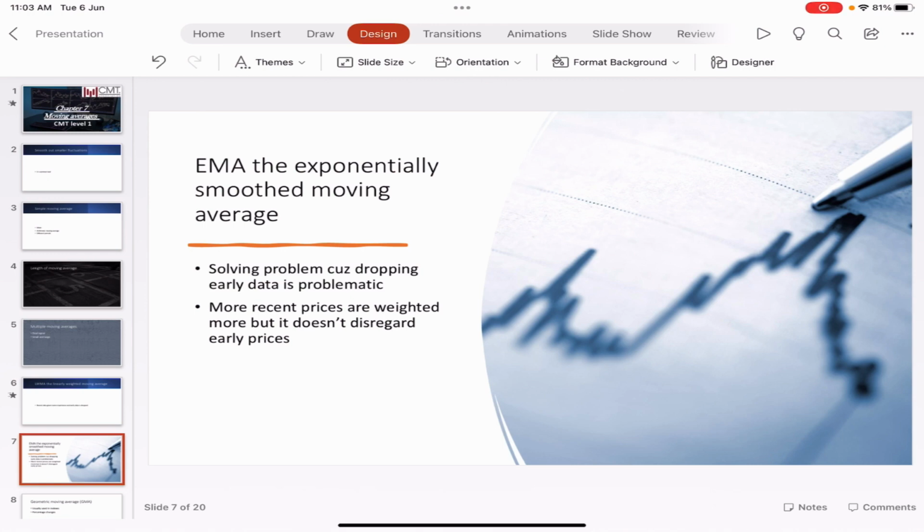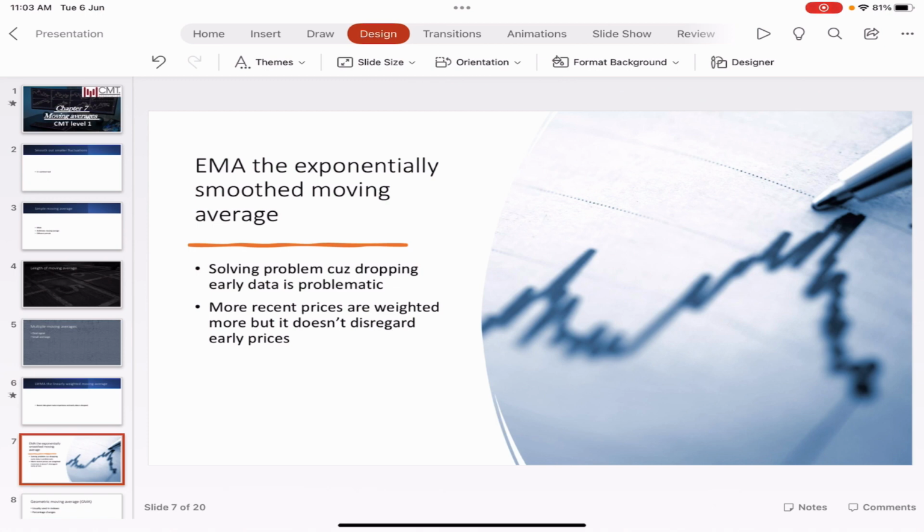Just like the linearly weighted method, it does give more importance to the recent prices, but at the same time it does not omit, cancel out, or disregard the early prices. It gives less importance, but it does give importance to the early prices as well. Clear? I hope you understood the difference between linearly weighted and EMA.